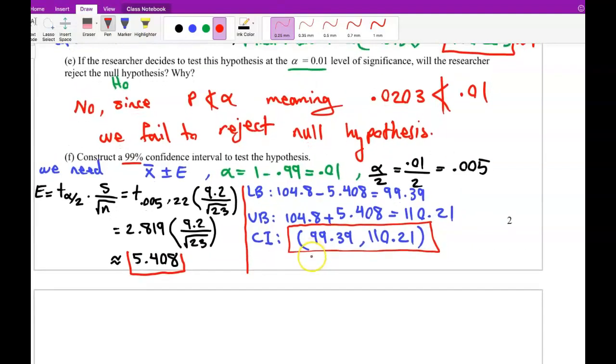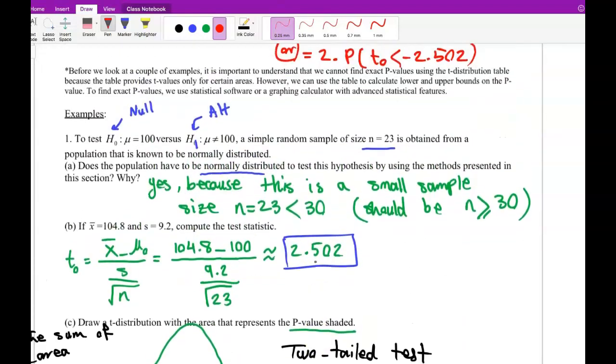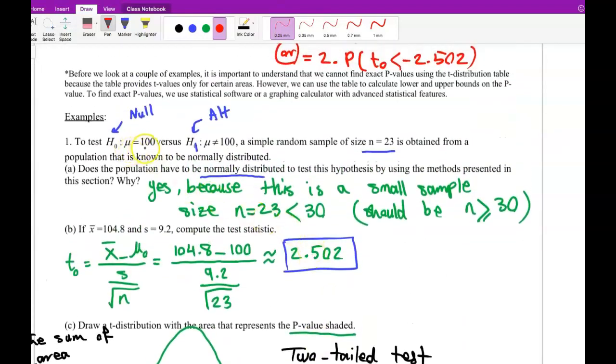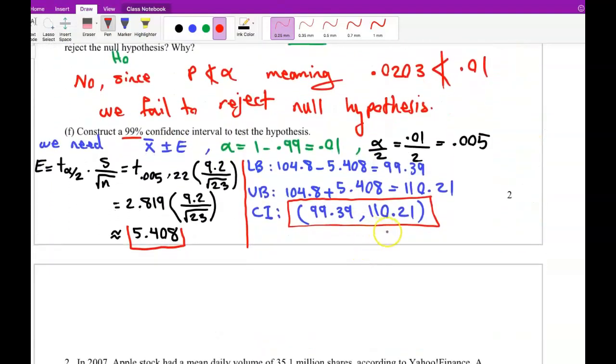Okay, from this part we can also say that we have the same answer as part E. Why are we failing to reject? Because our null hypothesis here was mean equal to 100. I have that mean in this interval. I have 100 between these two numbers.